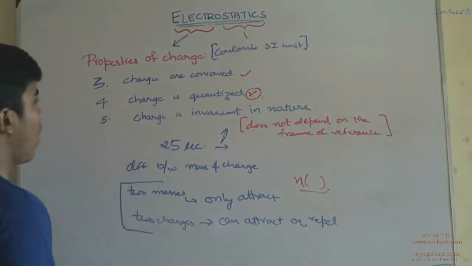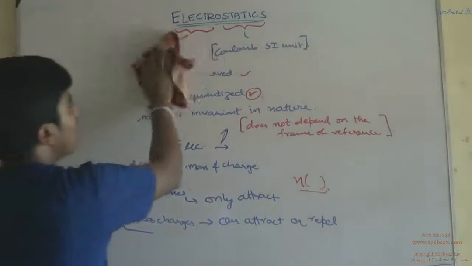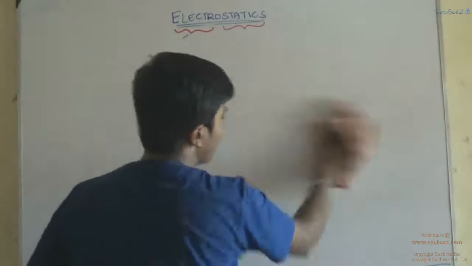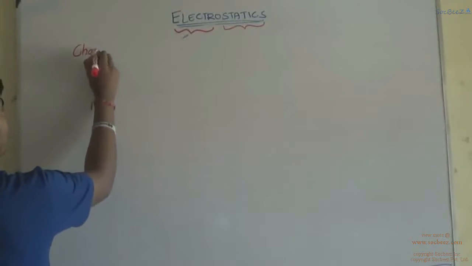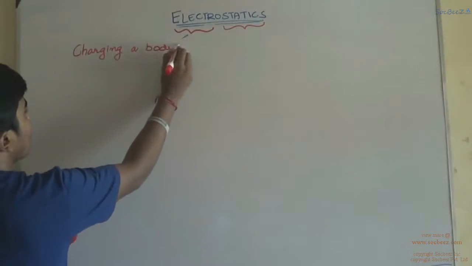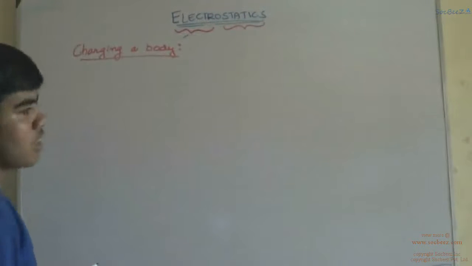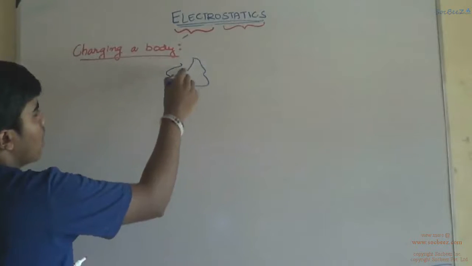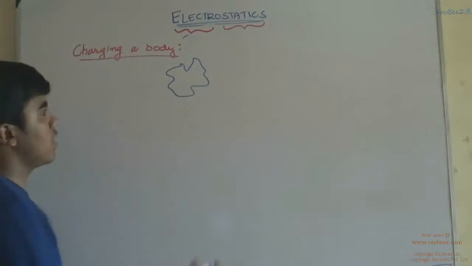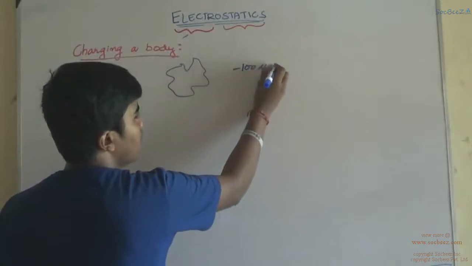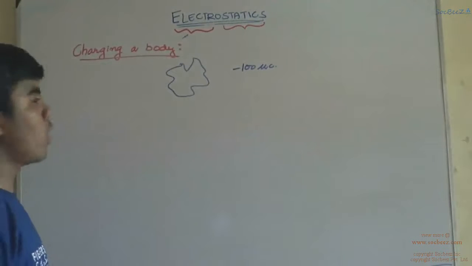Right. Now how do we charge a body? Like how do we get a charge onto a body? Suppose there is this body which I want to charge by minus 100 microcoulomb. So what do I do?